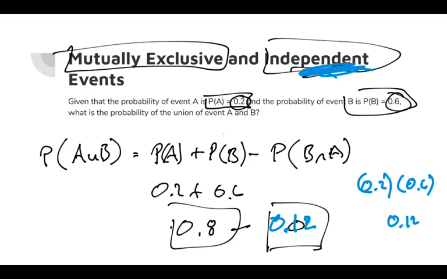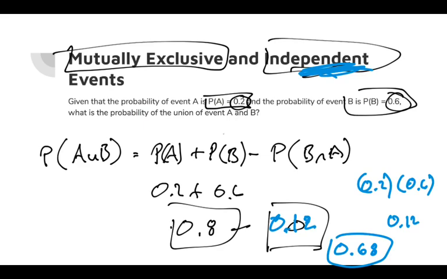And that's going to leave me with 0.68 as the probability of the union.